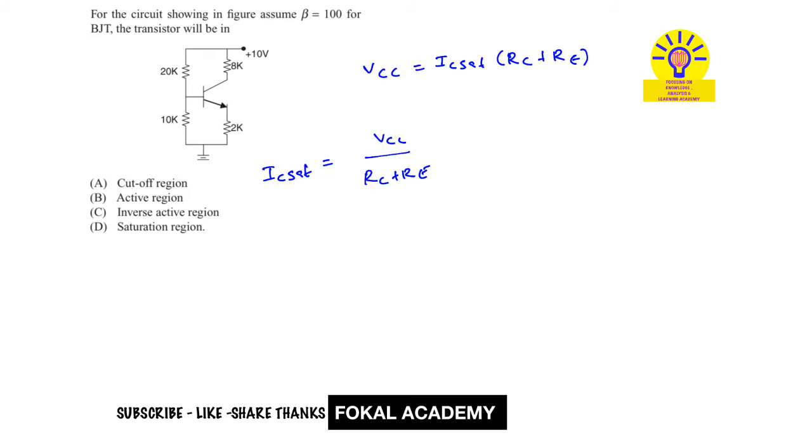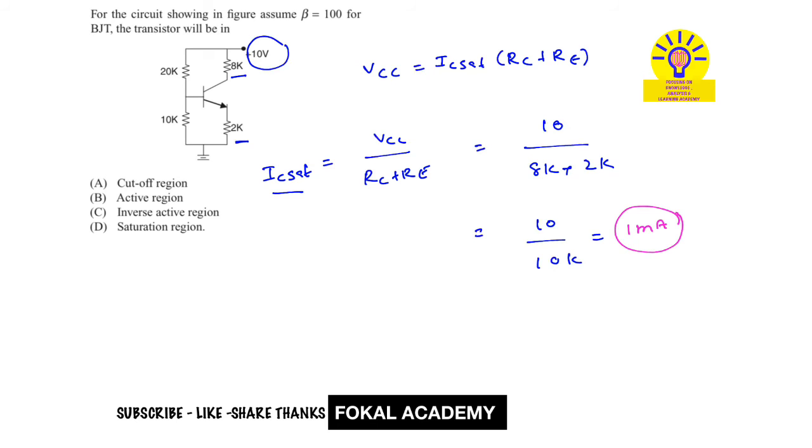Now substitute here: VCC is 10 volts, so 10 divided by (RC is 8K plus RE is 2K). That is 10 by 10K, which equals 1 milliampere. So we got the IC saturation value as 1 milliampere.